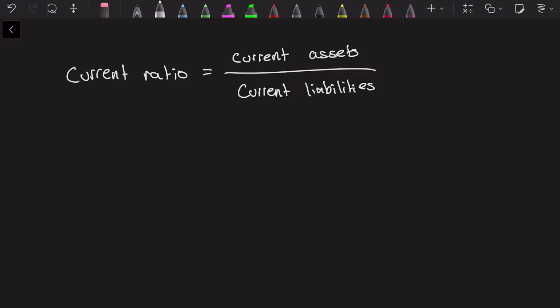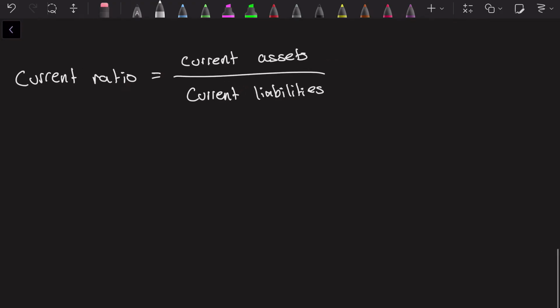Okay, current assets are things that they will sell in the next 12 months, and current liabilities are liabilities that need to be paid off in the next 12 months. So essentially, what we look at here is the business's ability to cover current liabilities with current assets.